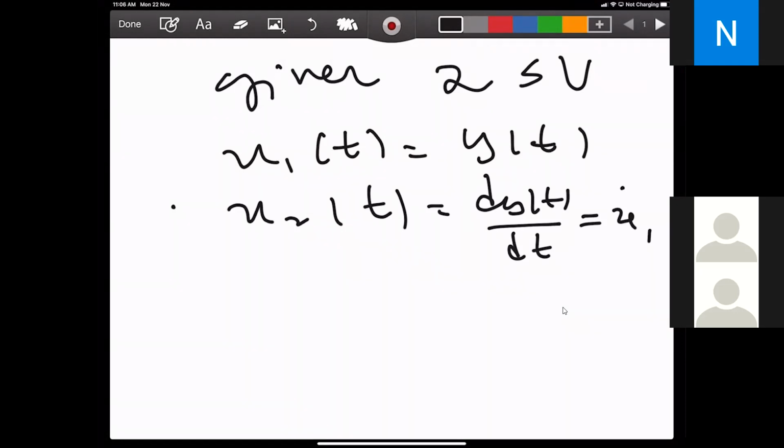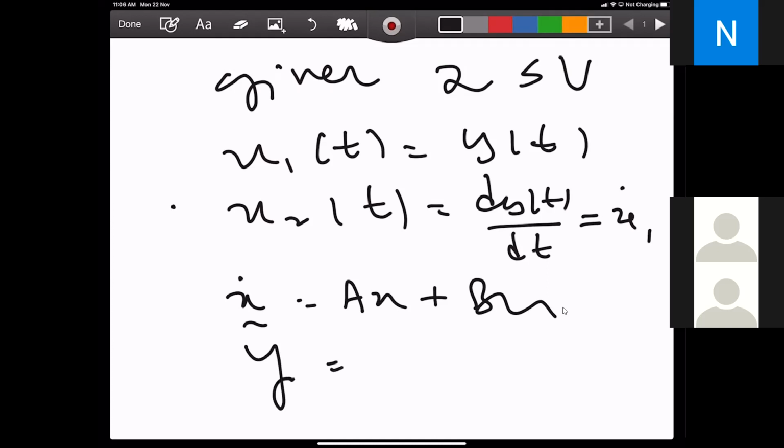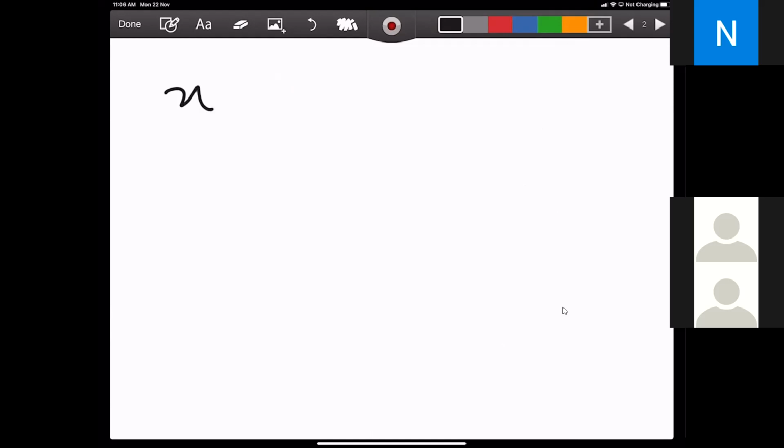Our target now is to find the state space representation, x dot equals Ax plus Bu, y equals Cx plus Du. So we have to find the derivatives and the output equations. From the given state variables, x1 is equal to y.